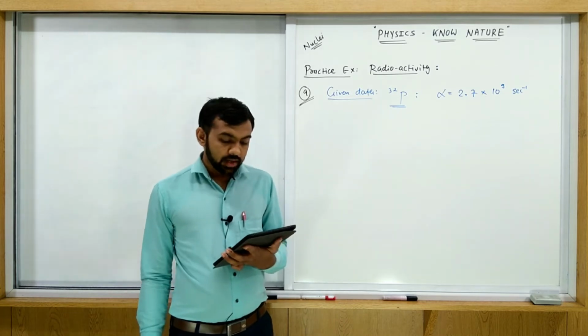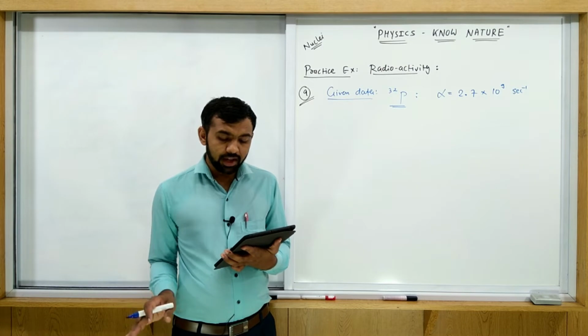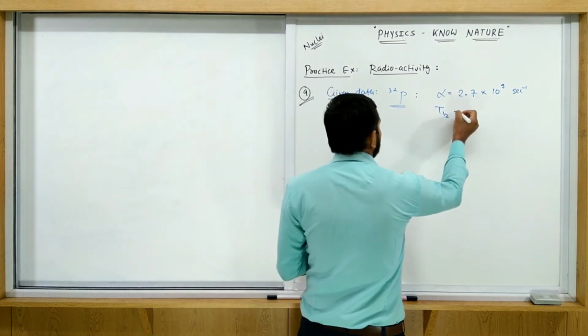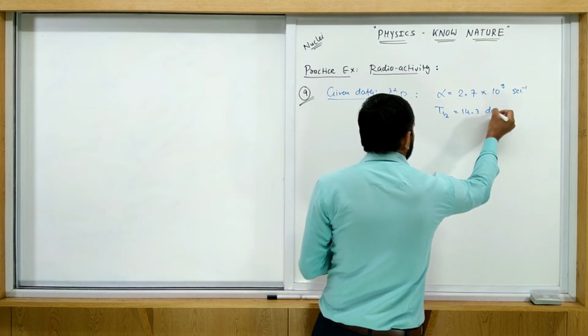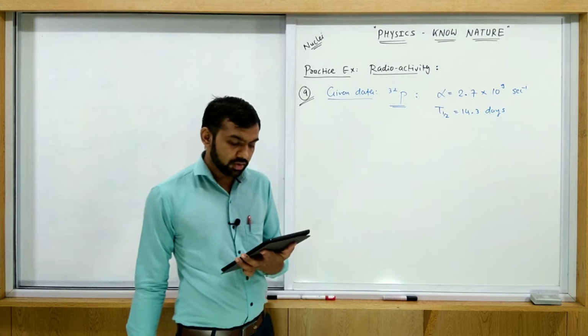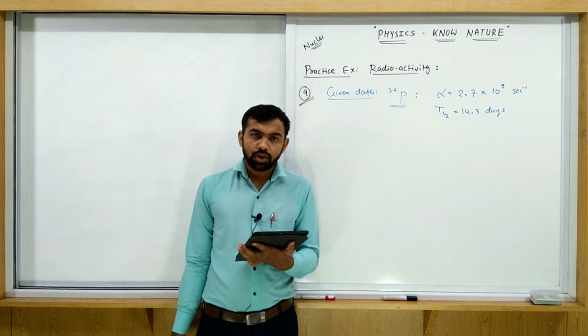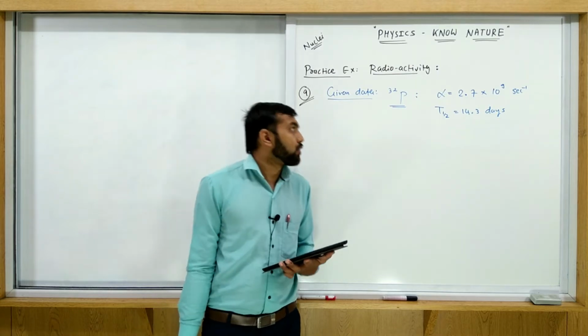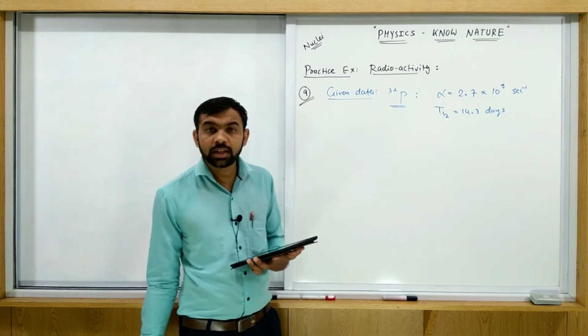A radionuclide P32 with a half-life of 14.3 days is produced in a reactor at a rate of alpha is equal to 2.7 into 10 raised to 9 per second.